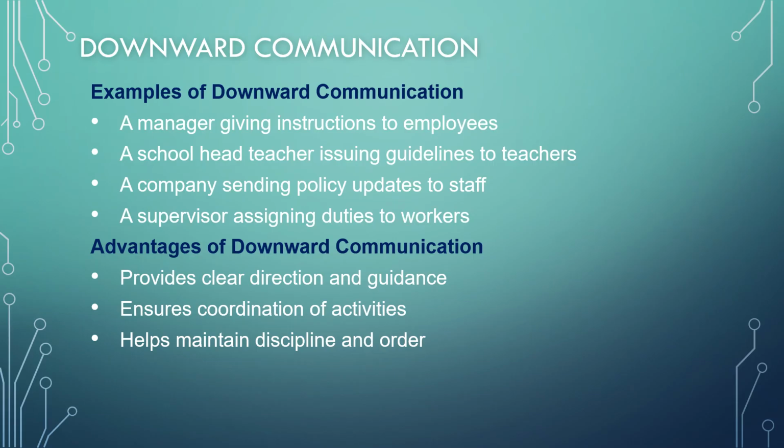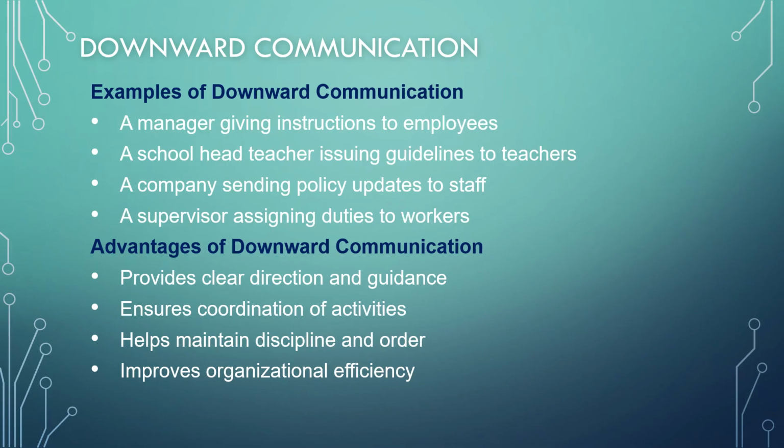Then it also helps maintain discipline and order, because instructions are coming from the top management so as to ensure that everyone understands his or her own role, and that there must be discipline and order in a workplace or in an organization. So it also helps to improve organizational efficiency.